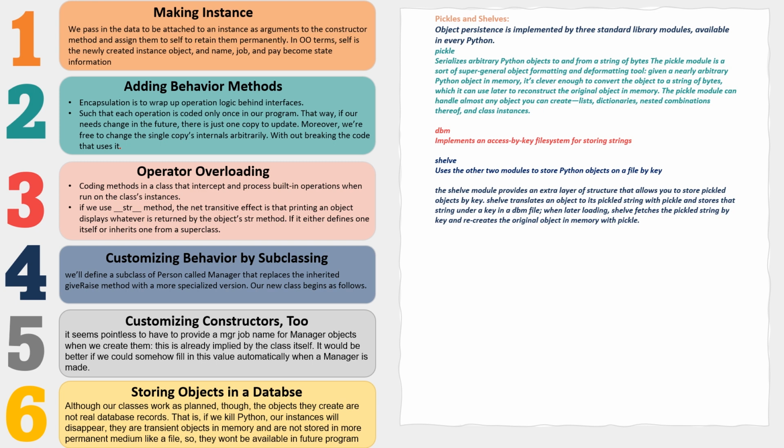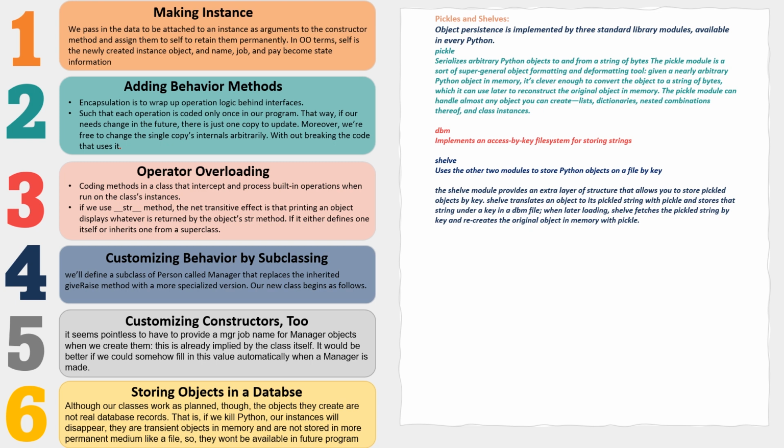Then the pickle will convert that string format back into the original format. If it is a list, it is a list. If it is a dict, it is a dict. So like that, the three coordinate together and they make this storage possible.